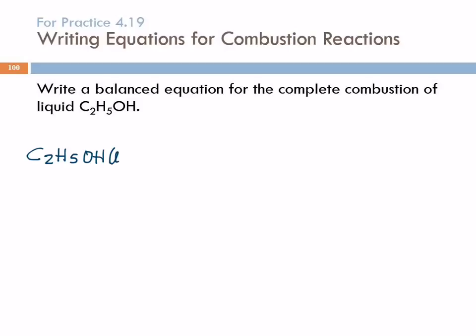So here we have ethanol, and we're told that it's a liquid. We need a balanced chemical equation. It doesn't tell us what the reactants and products are. With combustion, you need oxygen for things to burn, so the other reactant is always oxygen.